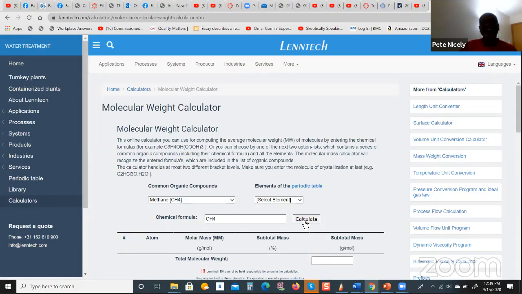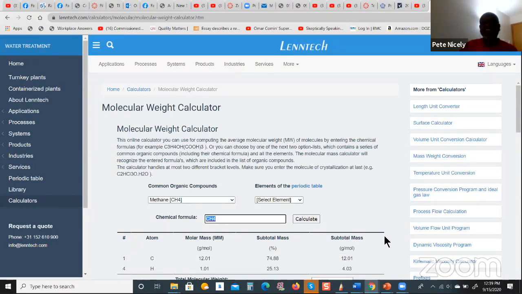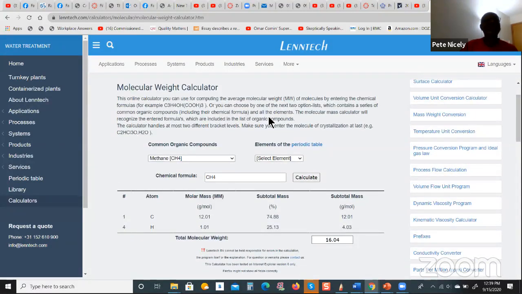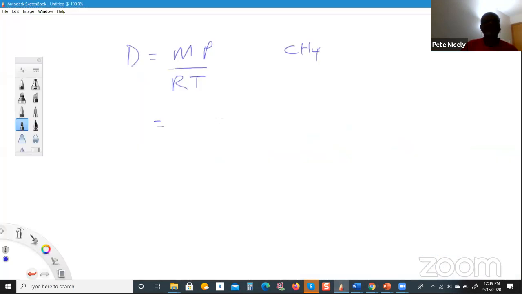Okay, and then let it calculate. And according to this, it's 16.04. So I'm going to put here 16.04 grams per mole.